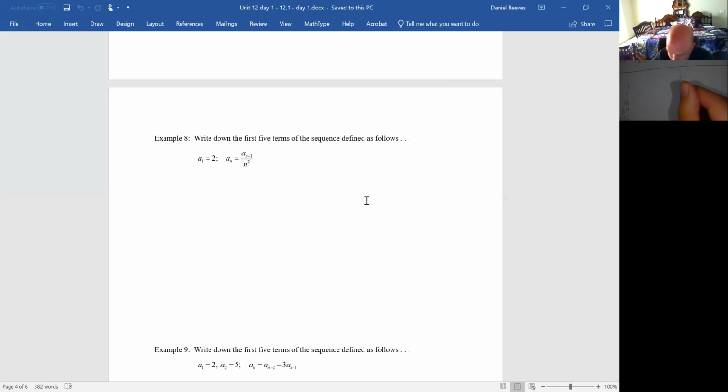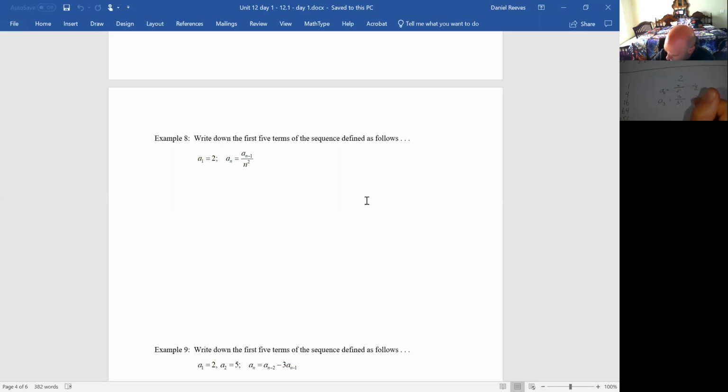So my next term, a sub 2 should equal a sub 1, which is 2, over 2 squared. That is 2 over 4, that is 1/2. A sub 3 should equal 1/2 over 3 squared.